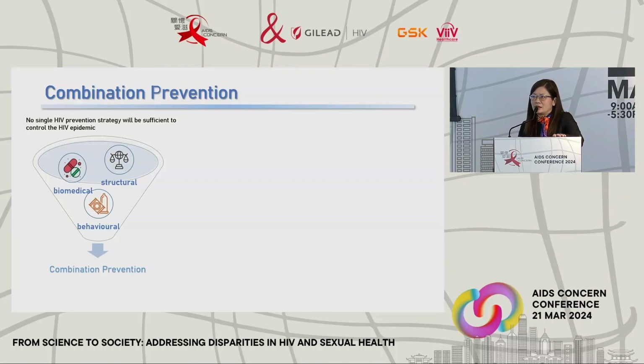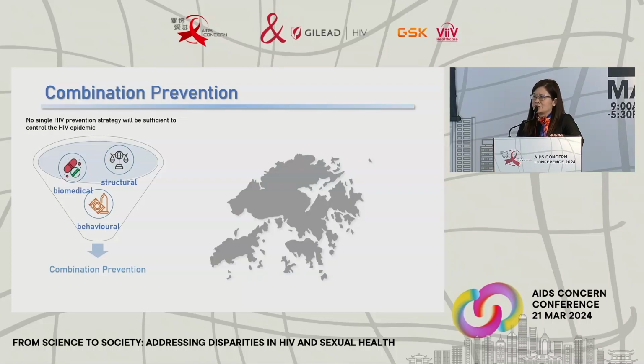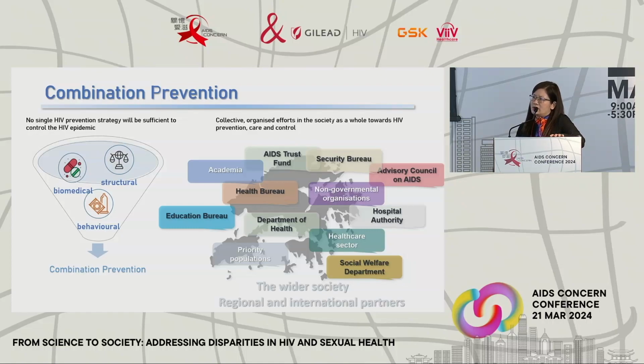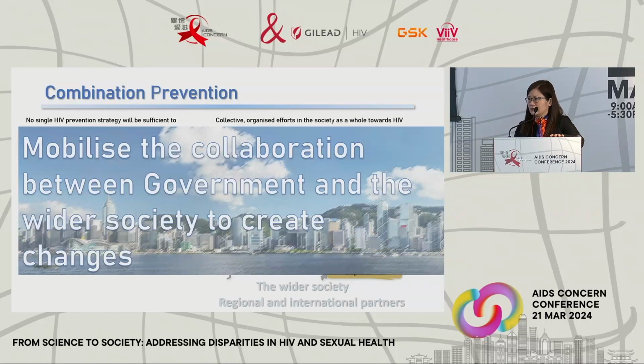But combination prevention goes beyond combining interventions. We should be combining our efforts. For HIV prevention, we have many stakeholders, government and non-government. We have to involve the whole society in a collective, organized effort for HIV prevention and care, as mentioned in one of the key strategic areas, to mobilize collaboration between the government and the wider society.